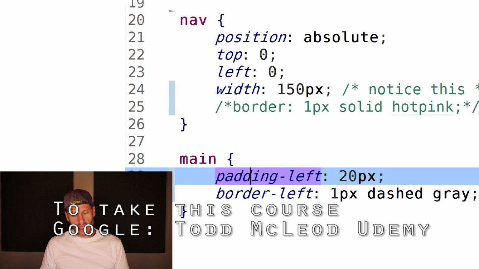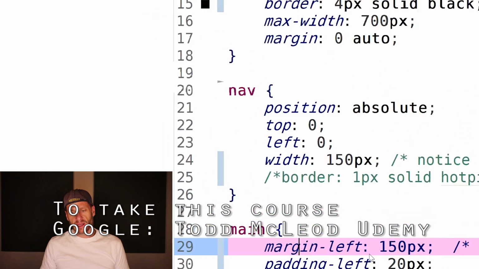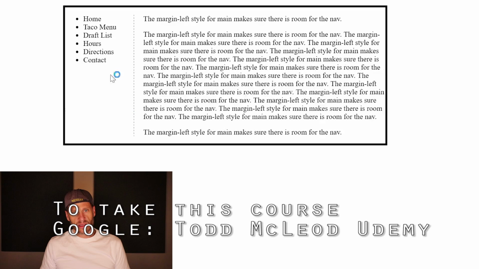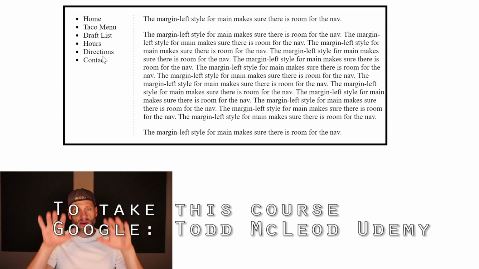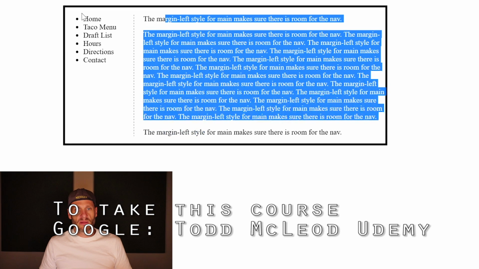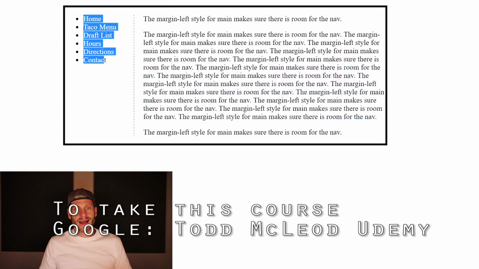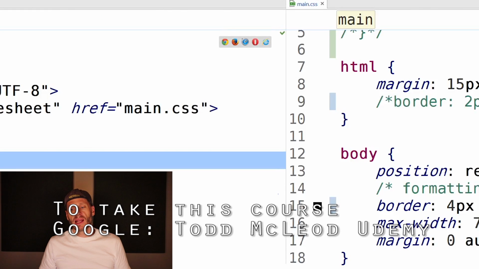By putting in margin left 150, there's a huge space there, and that huge space can be occupied by this. So even though those are on two different levels, so to speak, one is in the normal document flow, including the margin over on the left, and this one is not in the normal document flow. It's like on top of stuff. They work because there's space reserved for that. Anyhow, that's how it works.